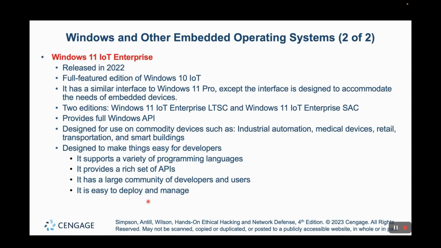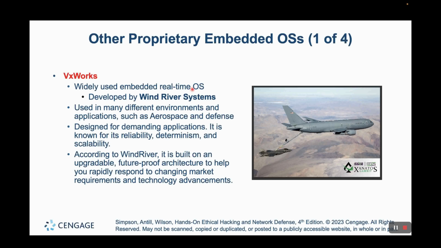Now, there's other proprietary embedded OS like VxWorks. Now, this one is an embedded real-time operating system developed by Wind River Systems. It is used in many different environments and applications like aerospace and defense, you see it here.